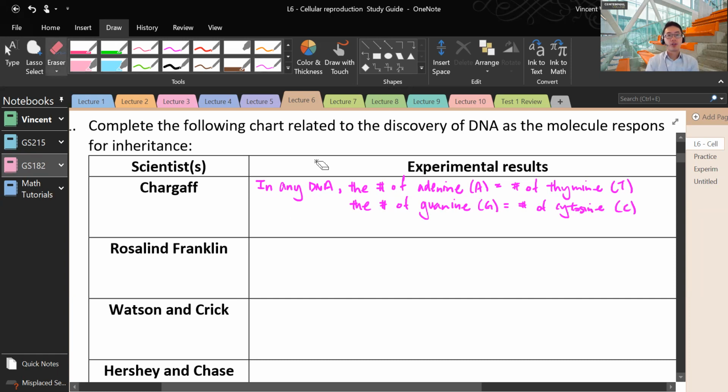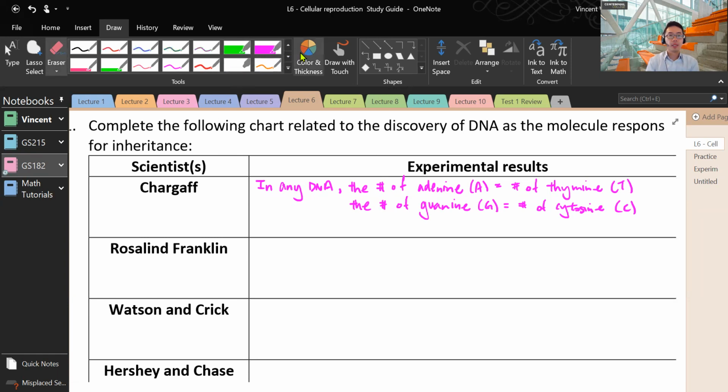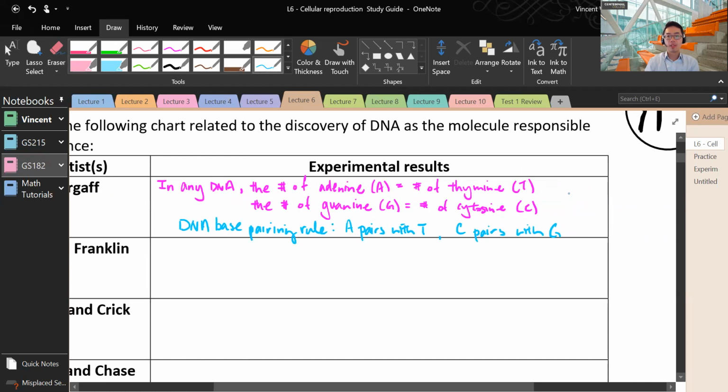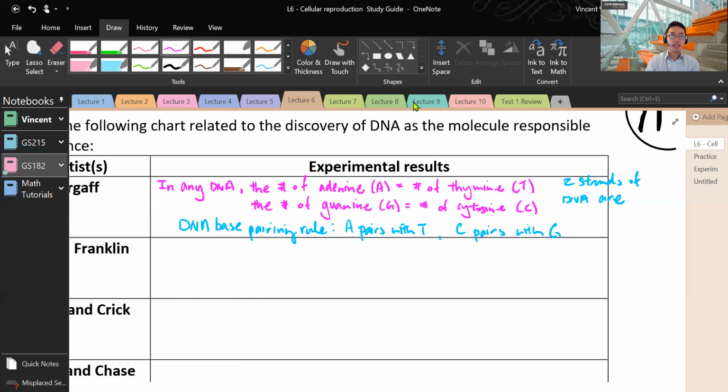Based on this, we can also write out the DNA base pairing rule, which is A pairs with T and C pairs with G. So the 2 strands of DNA are complementary.